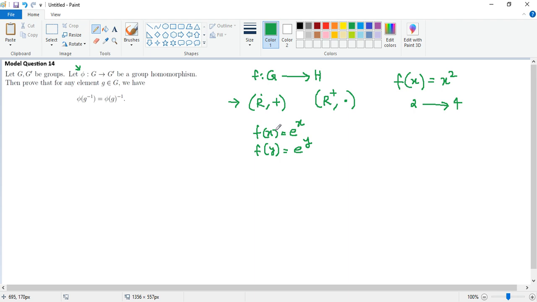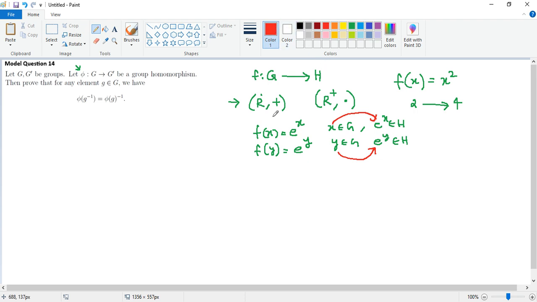So x is an element of G, y is an element of G, then e to the power x is an element of H, and e to the power y is an element of H, and x and e to the power x are mapped, y and e to the power y are mapped.